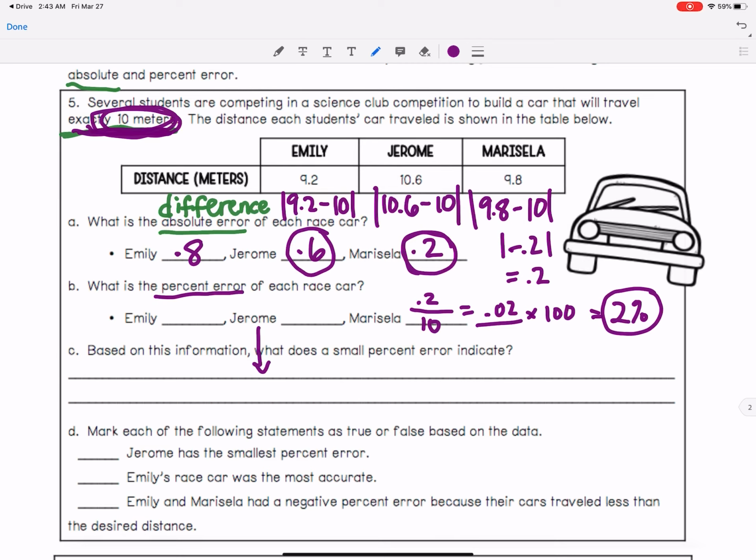So 0.6 divided by 10 equals 0.06. And now I need to times that by 100. And that gives me 6%. Where am I getting all of this from? I'm just getting it from up above on that really important equation that I taught you.